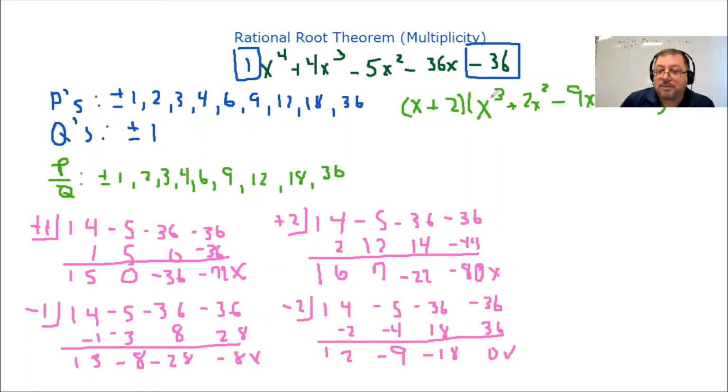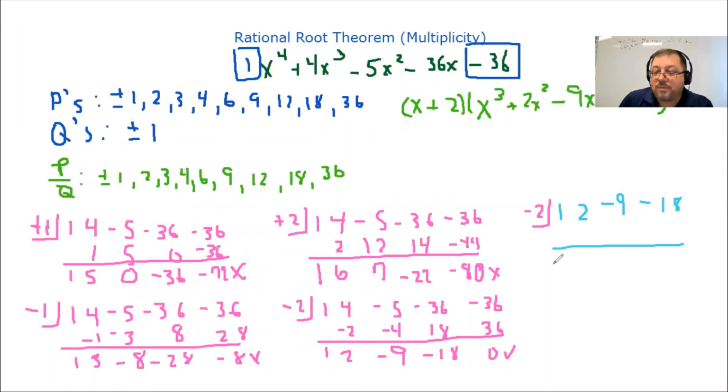That's still a cubic, so we can't just come up with that in our mind, so we have to do this process again. Let's continue on. Remember, use this number one more time, because we have to check for multiplicity. So let's try minus 2 with the new equation now. This is 1, 2, negative 9, negative 18.